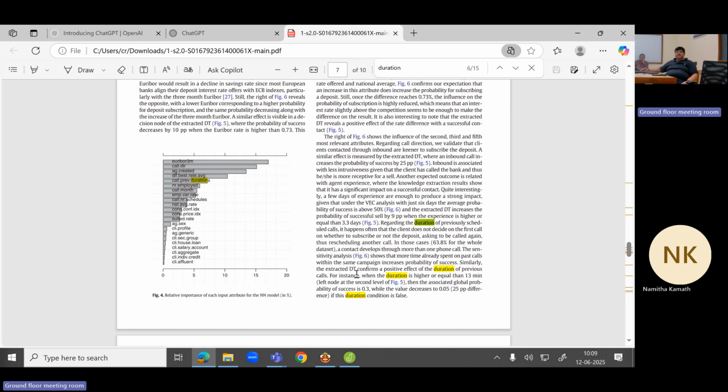The sensitivity analysis shows that more time already spent on past calls within the same campaign increases the probability of success. Similarly, the extracted DT confirms a positive effect of the duration of the previous calls. For instance, when the duration is higher than 30, it comes to 83.